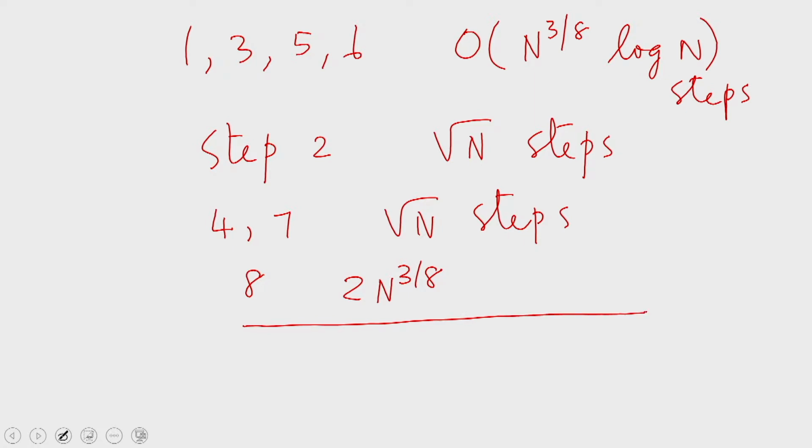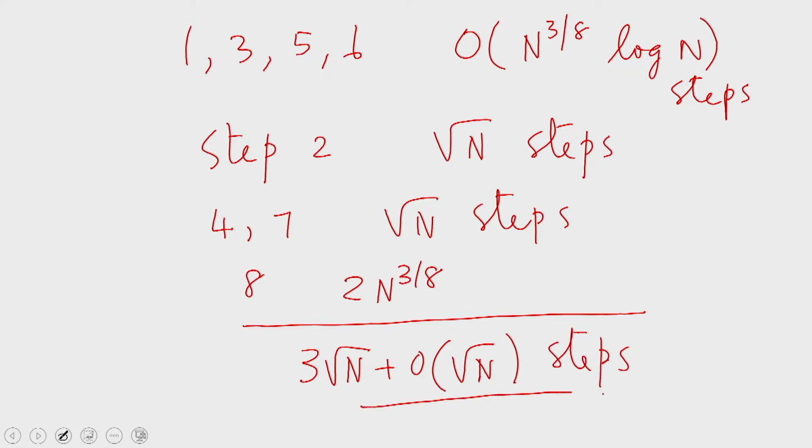So, summing all this together, we find that the total time taken is 3 root n plus smaller root n steps. The remaining terms, these are all smaller root n. The time taken by steps 1, 3, 5, 6 and 8 are all smaller root n.